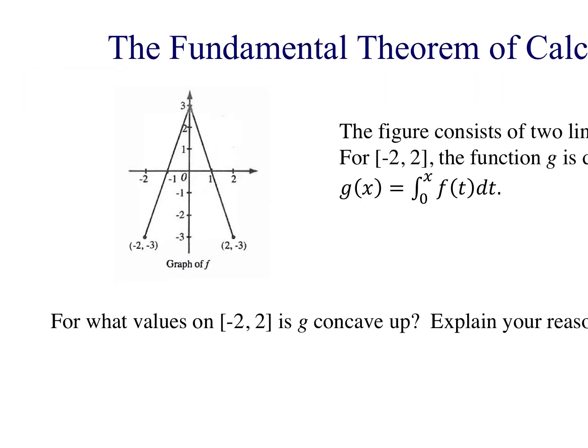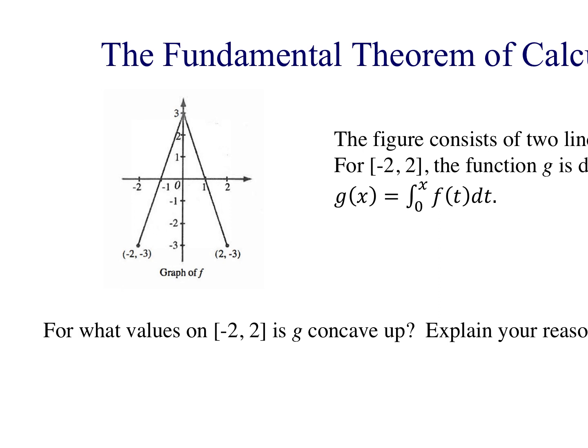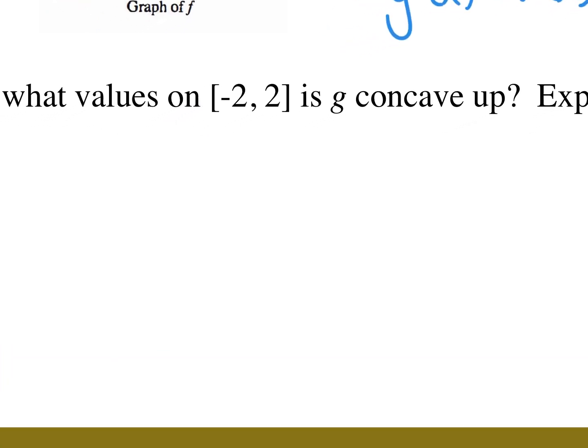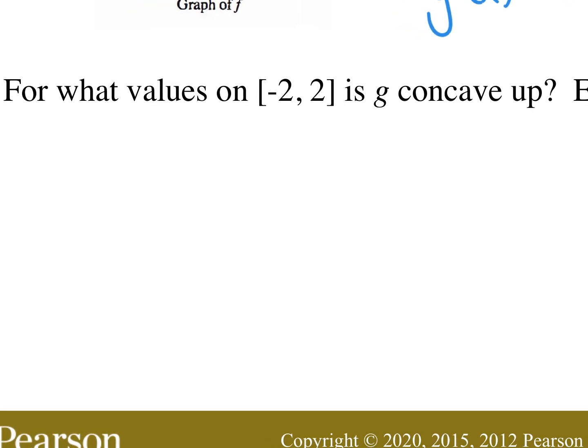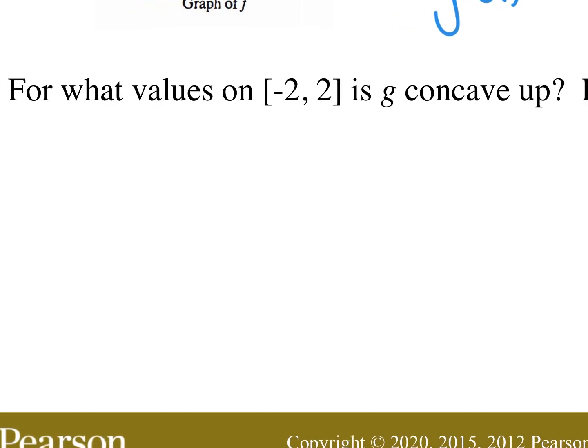Let's try another question. Same graph, same thing. I'm going to recopy my stuff one more time. G prime is equal to f and G double prime is equal to f prime. The question is, for what values is G concave up? So don't distract yourself by looking at the equation. Don't distract yourself by looking at the graph. Just answer the question.